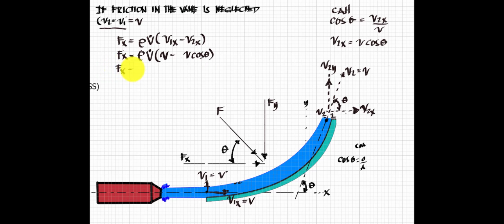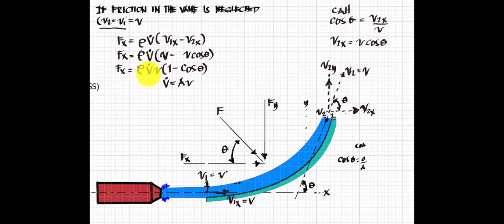So we have your F of x: the density, volume flow rate, and factoring that, we have your velocity multiplied by 1 minus cosine of theta. Remembering that our volume flow rate is equal to the area times the velocity of the fluid, the area of the pipe, or let's say the boundaries, multiplied by the velocity of the fluid inside the boundaries.